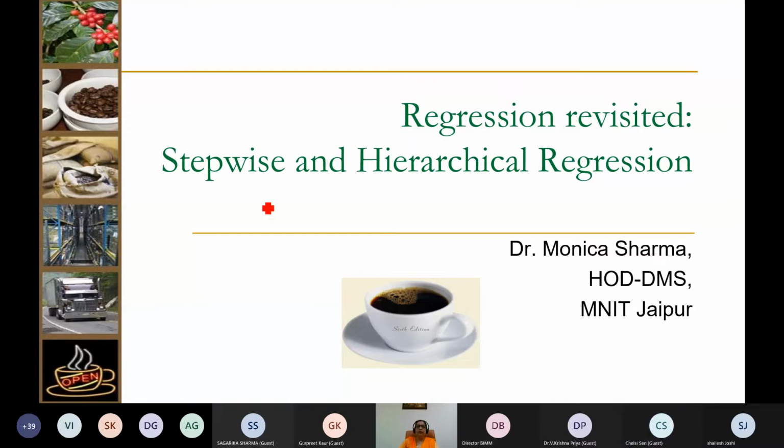y. So yesterday you must have learned about the equation for linear regression as y equal to a plus b x or beta 0 plus beta 1 x1 plus beta 2 x2 and so on.